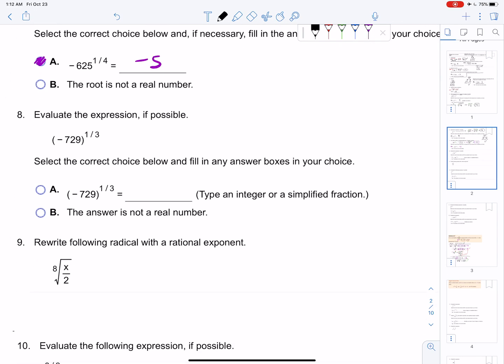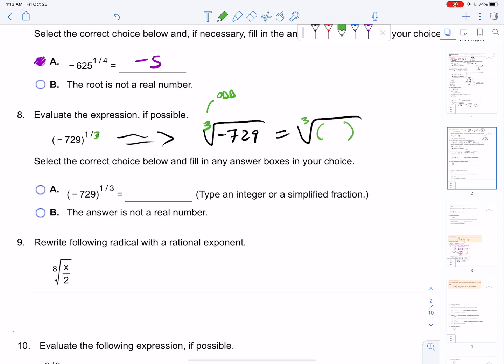Next problem, evaluate. The base is now negative. Okay, let's go ahead and see if we can rewrite this in radical form, negative 729. Looks like our denominator is 3, so our index is 3. Notice that the index is odd, so having an odd index and a negative radicand is okay. Question is, can I write this number as a third power?